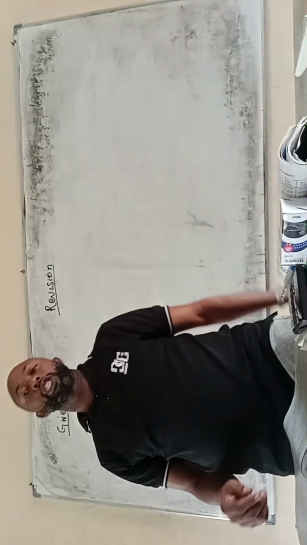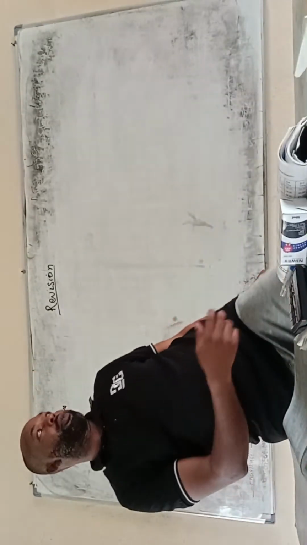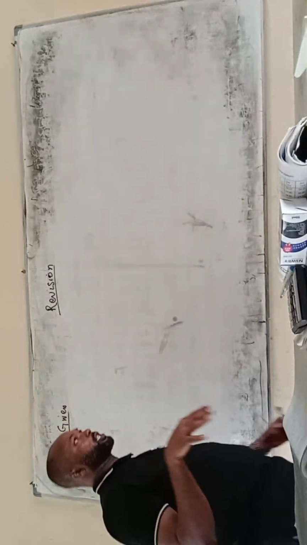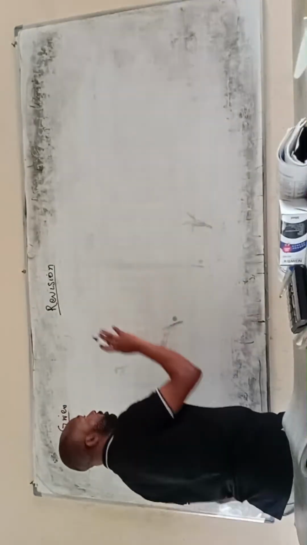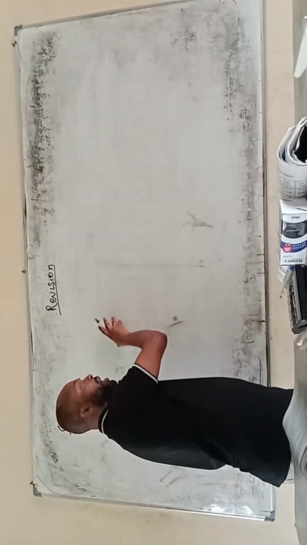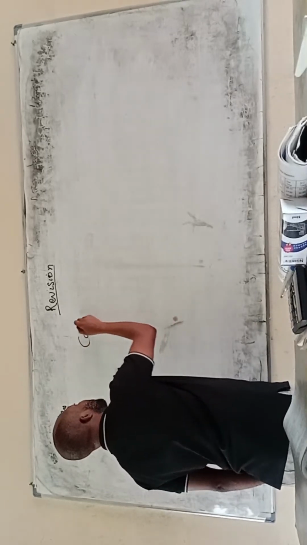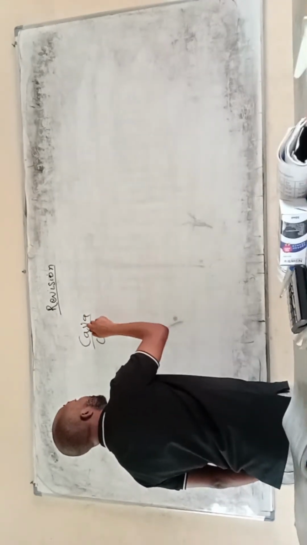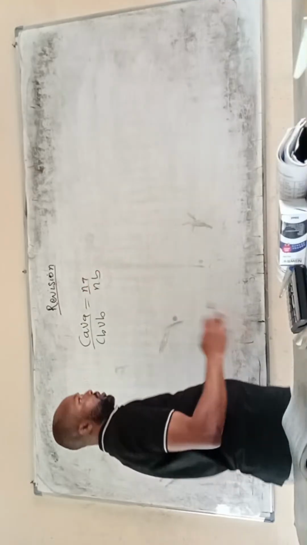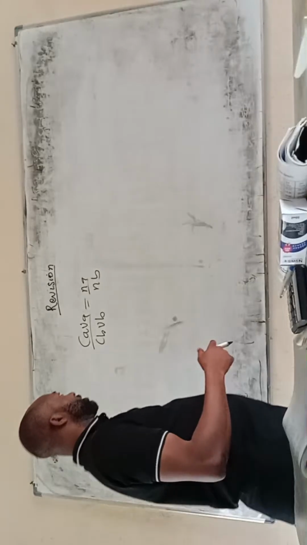Now, this question is a redox question. It's straight up on redox now. Let us take a careful observation of that. The formula first on redox, before I continue with the question, let us understand how that is being applied. We have our CAVA over CBVB equals to NA over NB, when we are dealing with normal volumetric analysis.